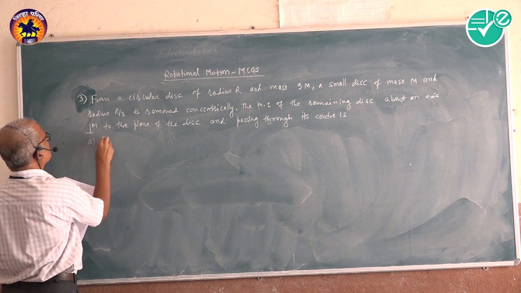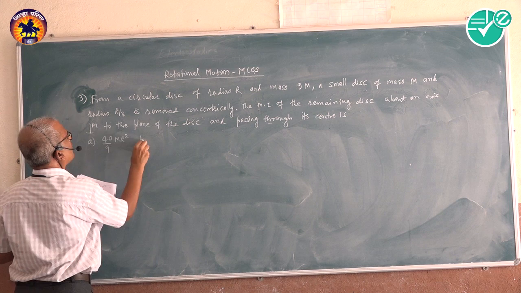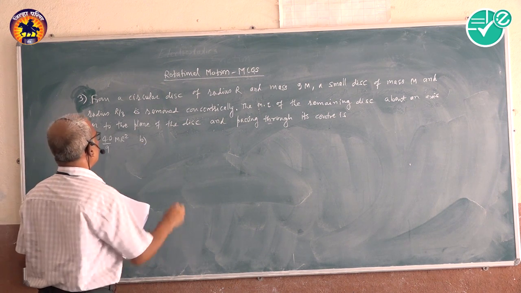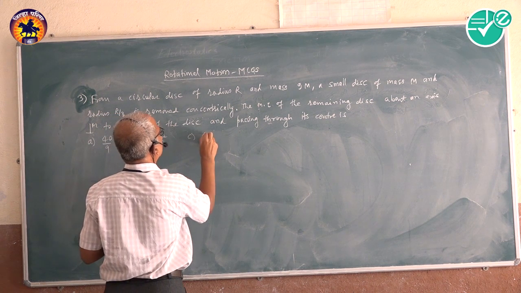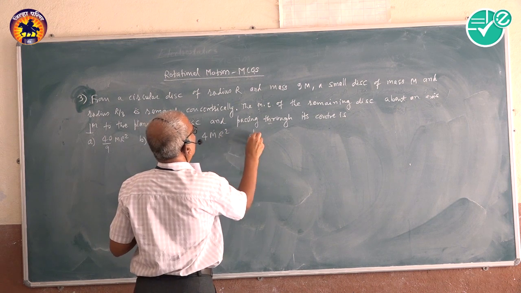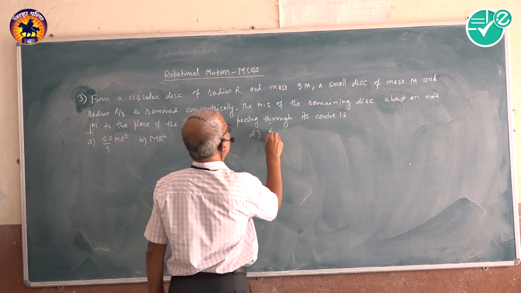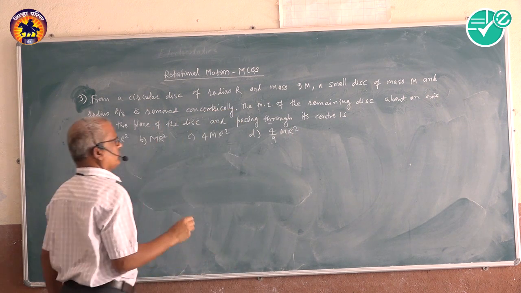The options are: 40 by 9 MR square; second, MR square; third, 4 MR square; and last, 4 by 9 MR square.